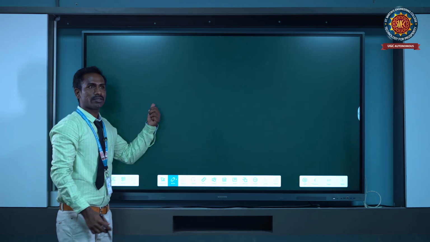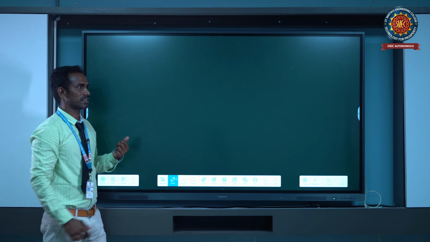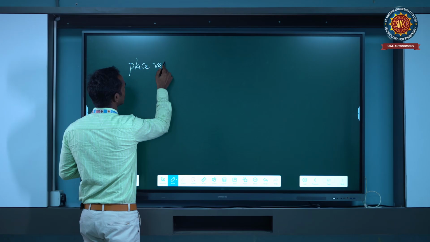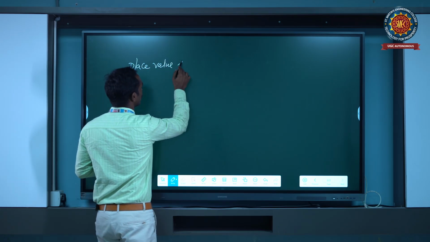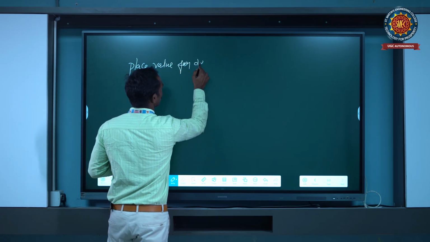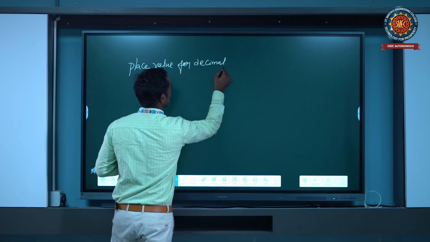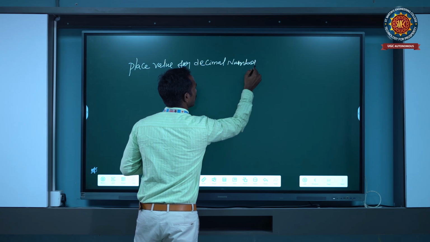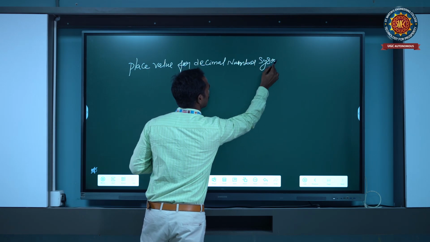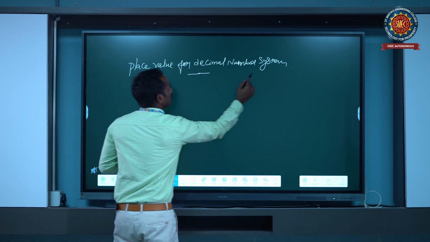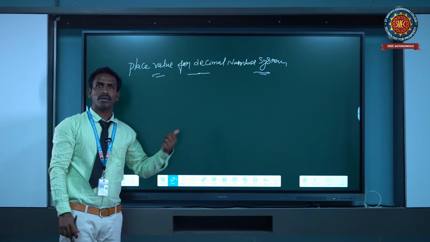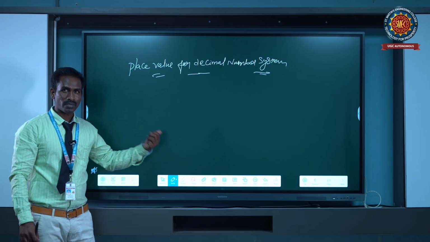And then how to write the place value of the decimal number system? The decimal number system is based on its base value.